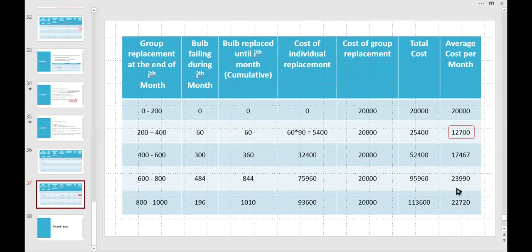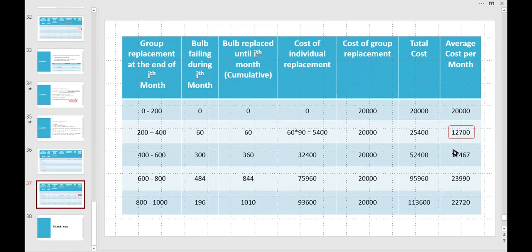And what we have observed is that on the second cycle, which is 200 to 400 hours, if we replace all the units in this, then it is advisable, because after that the 12,700 rupees average running cost keeps on increasing after the second cycle, which is of 200 to 400 hours. So it is advisable to replace after this.